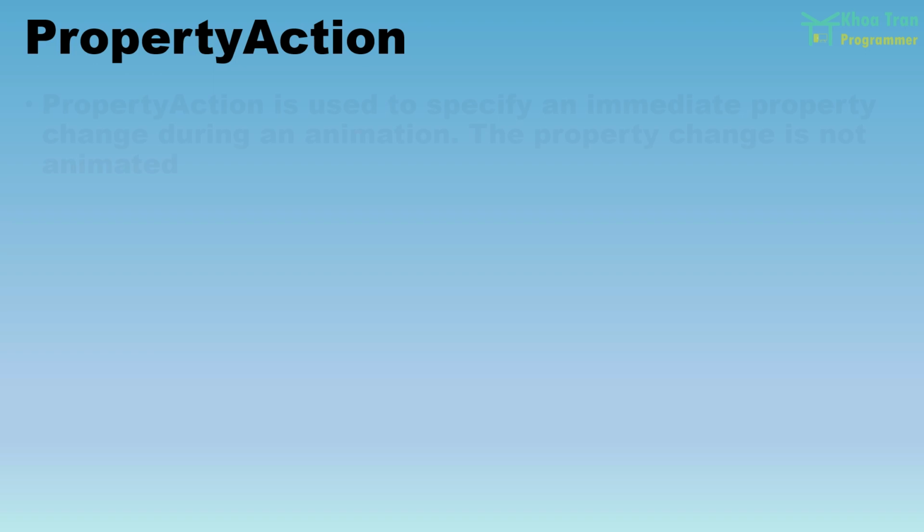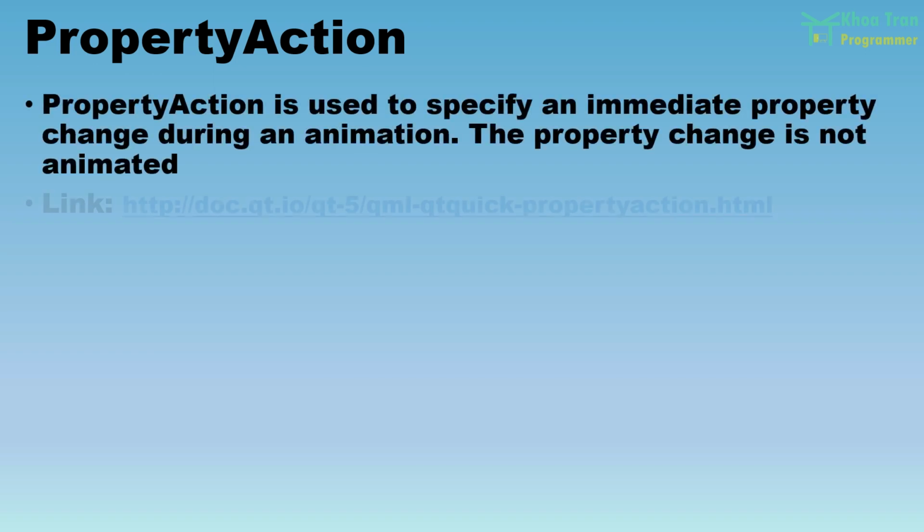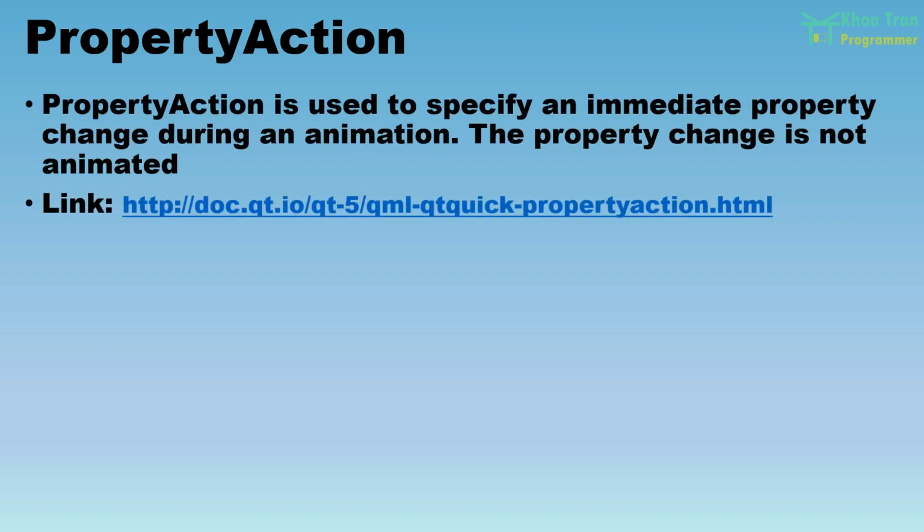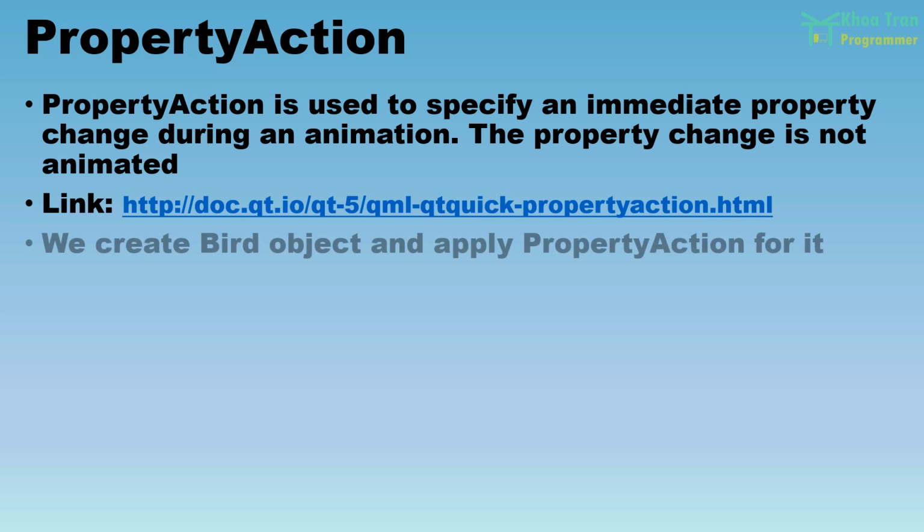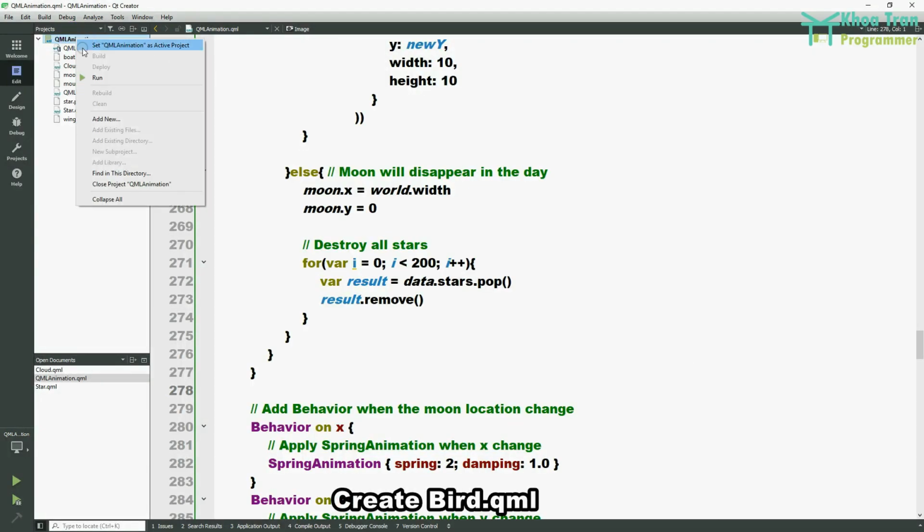PropertyAction. PropertyAction is used to specify an immediate property change during an animation. The property change is not animated. We create bird object and apply PropertyAction for it. Create bird QML.